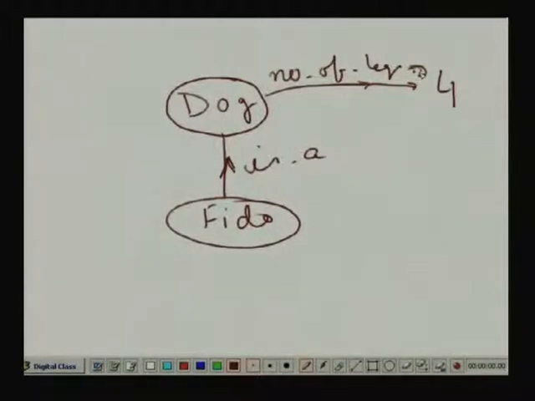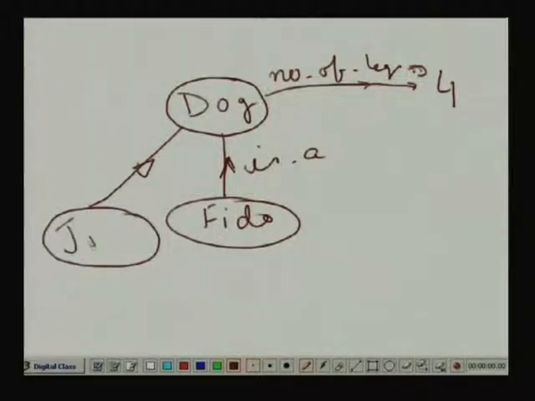So, now from here we can inherit. You see how inheritance can be used: since Fido is a dog and dog has number of legs to be 4, therefore Fido will also have number of legs to be 4. All right. Now, this property of number of legs has not been stored with Fido, because I could have had another dog, Jim.